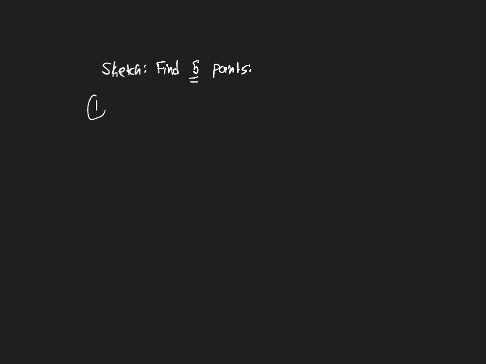The first one is the first 0. So the first time it's at 0, so basically the first x-intercept. Second one is the first maximum. The third one is the second 0.